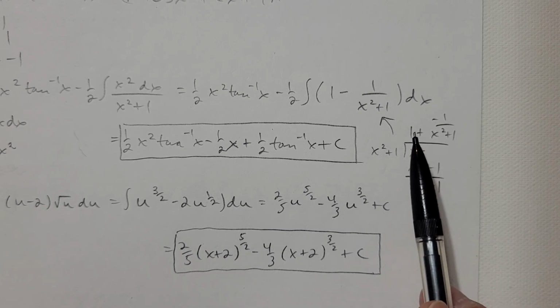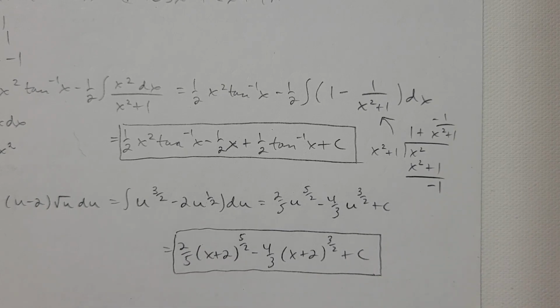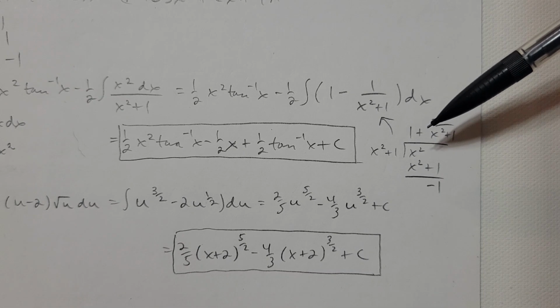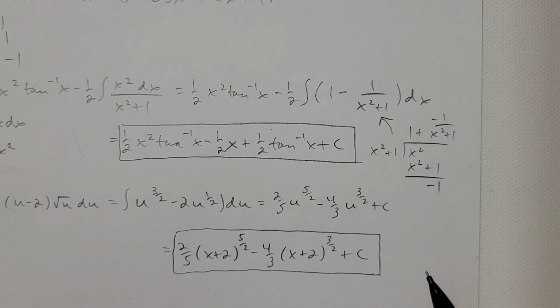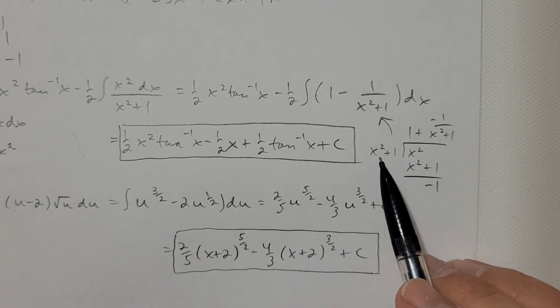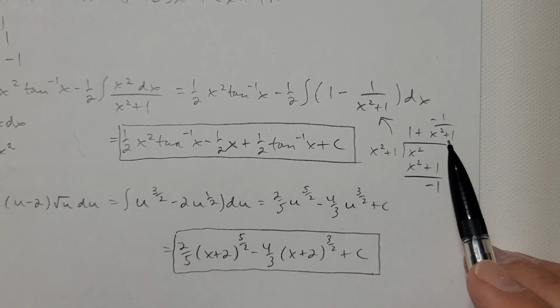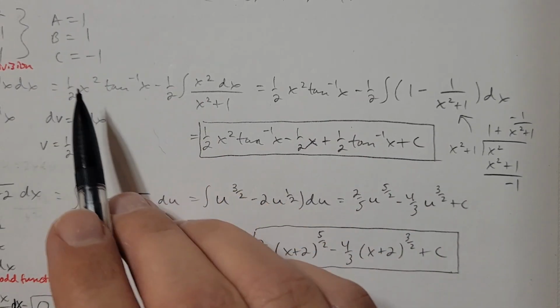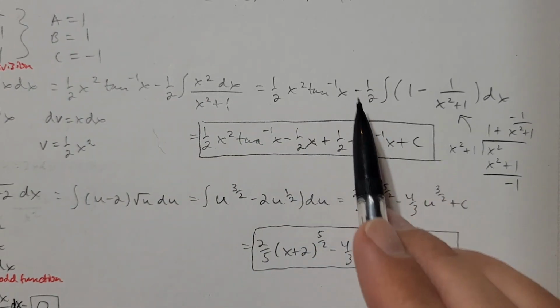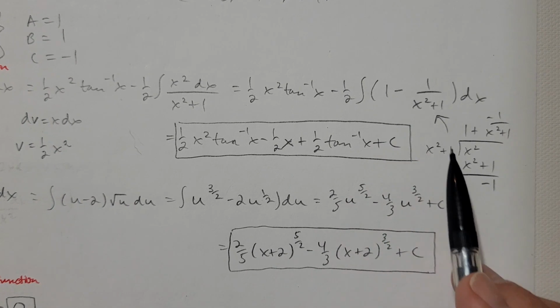Okay? And I'll have leftover information. So you're always adding the leftover information. The complete leftover information would be -1 divided by x squared plus 1.